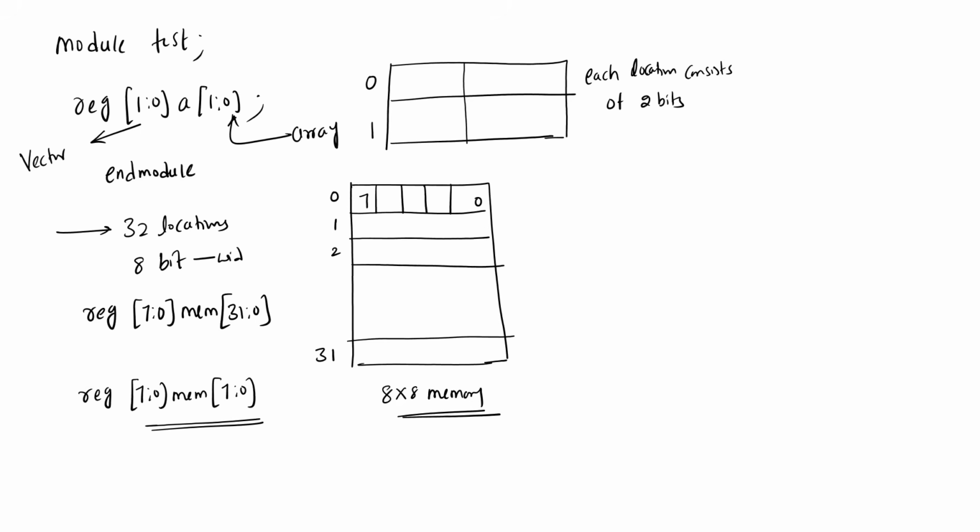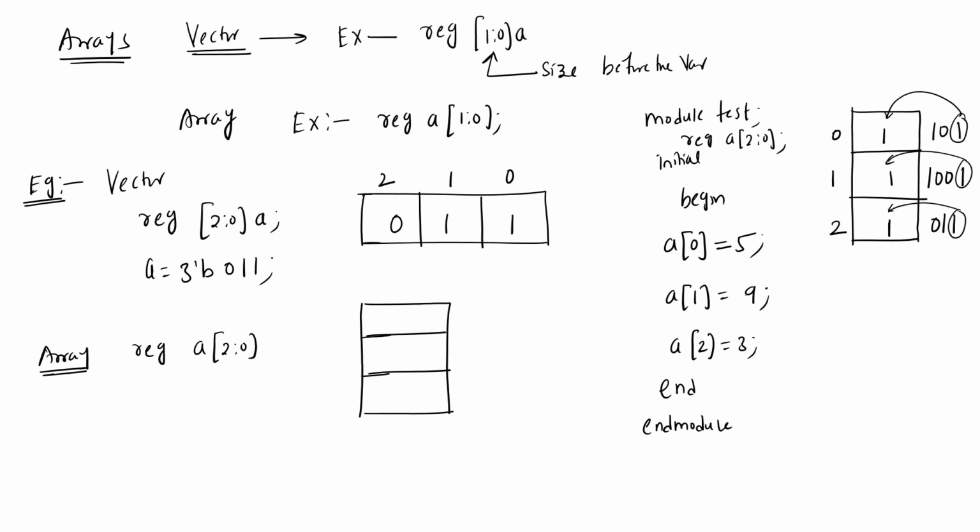Sir, let me ask one question regarding this array. Suppose we are only storing one bit in the case of 5 and 9 and all. How does the compiler understand that the rest are just ignored? Go to the previous slide. Here, while storing, as you can see, 101, we are only storing the LSB.